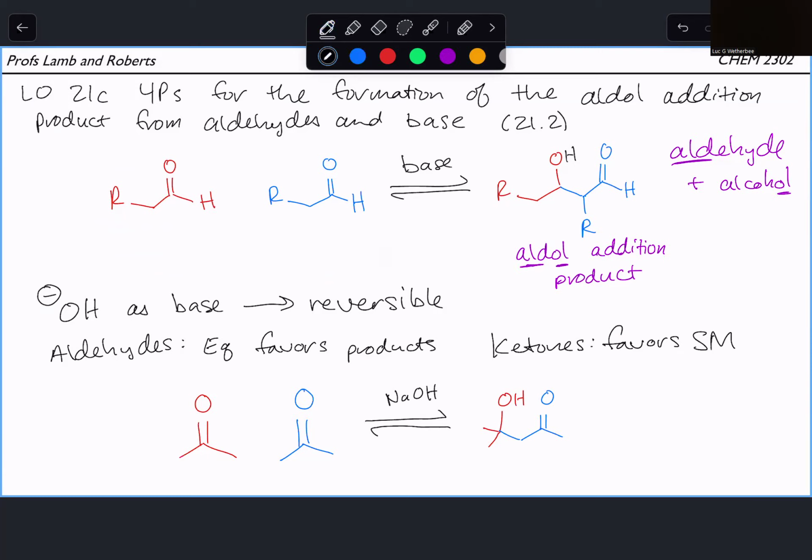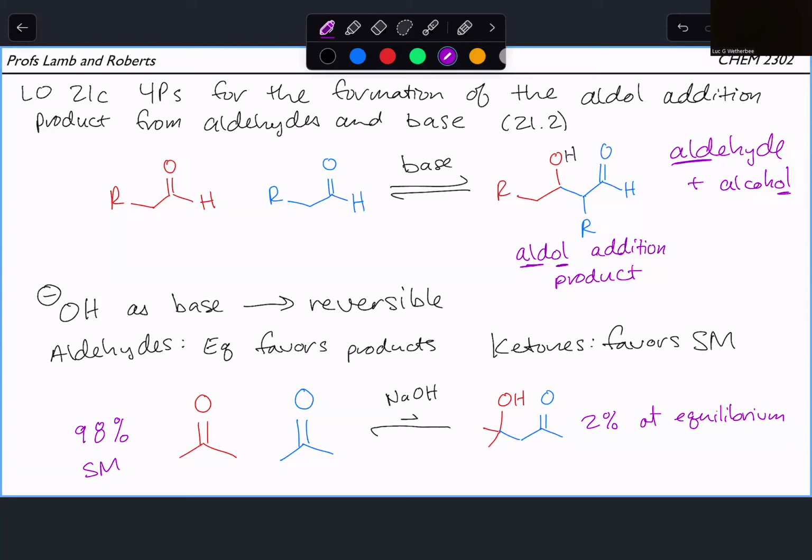But because it's a ketone, it's actually not favored to go to the product. So we actually only get about 2% of this product at equilibrium. So that means we have 98% of the starting materials. Okay. So technically, it could happen for both aldehydes and ketones, but normally it's aldehydes just because of the equilibrium.